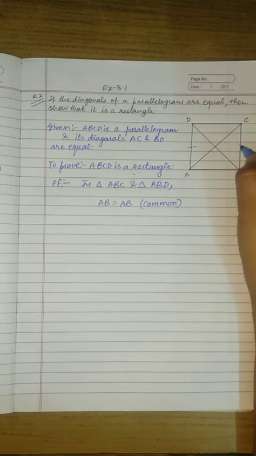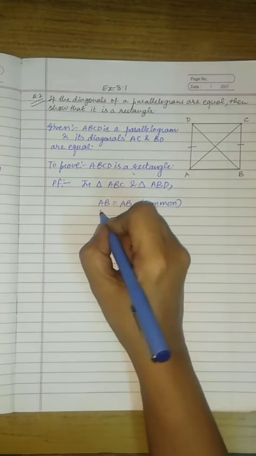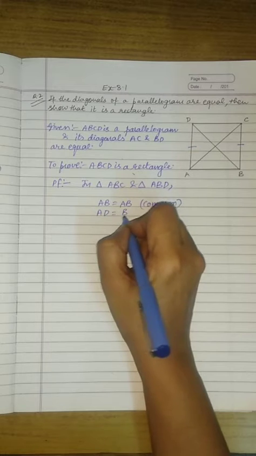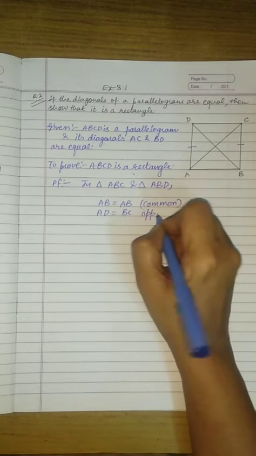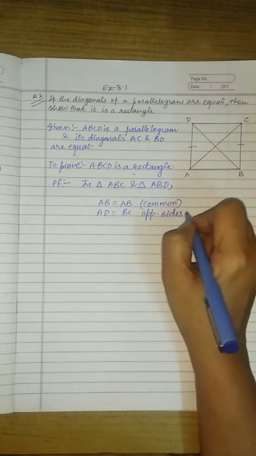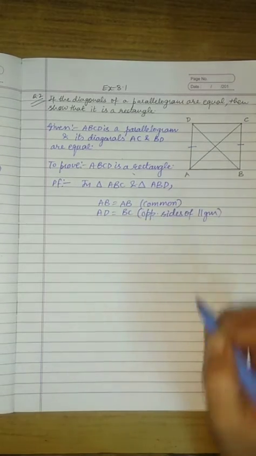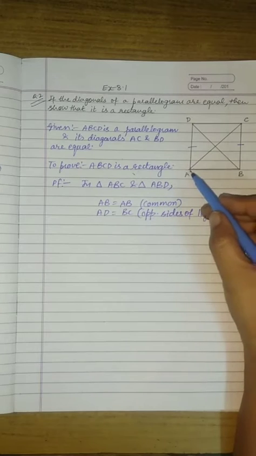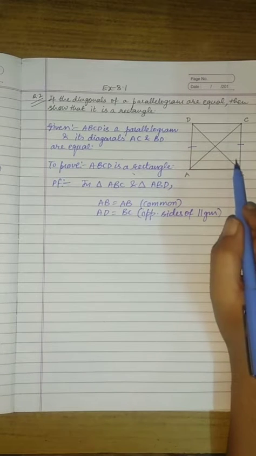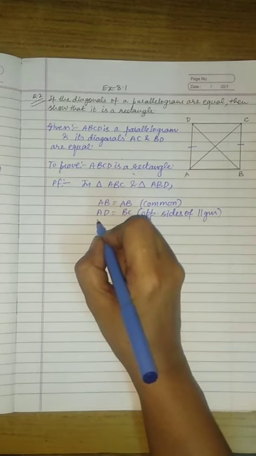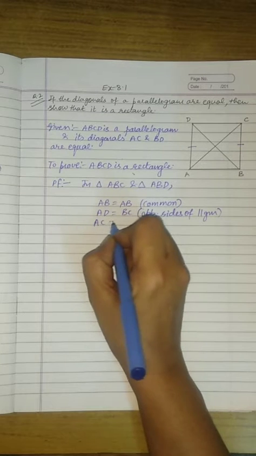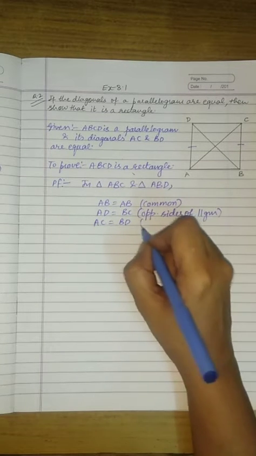So AD is equal to BC, opposite sides of parallelogram. Now we are given the diagonals of the parallelogram are equal. Therefore, we will write AC is equal to BD, given.